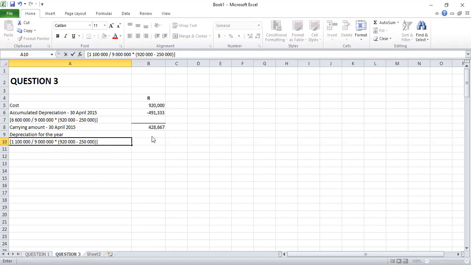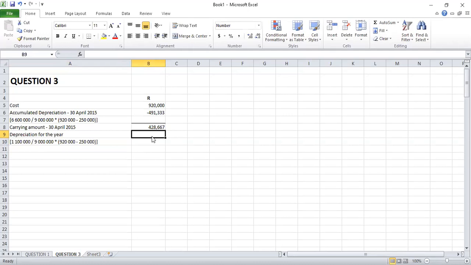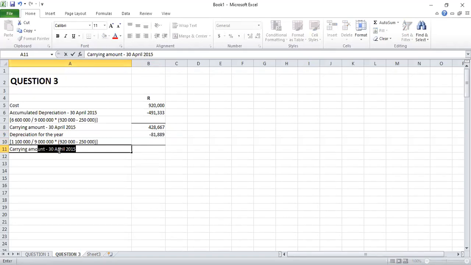What do you get? It's 81,889. Right. Then we get our carrying amount on 30 April 2016.